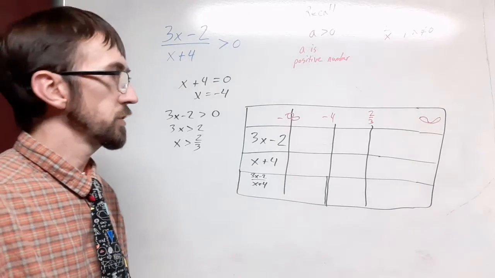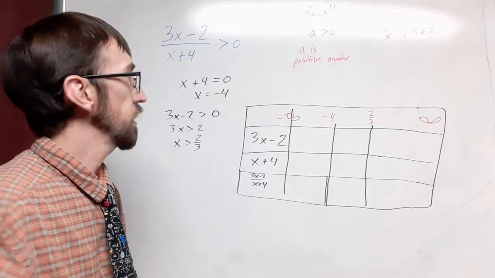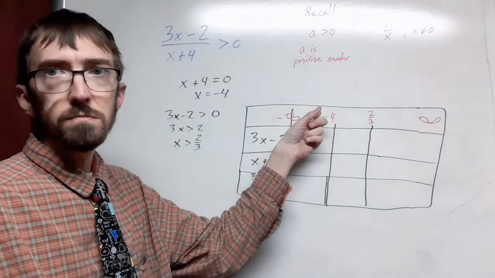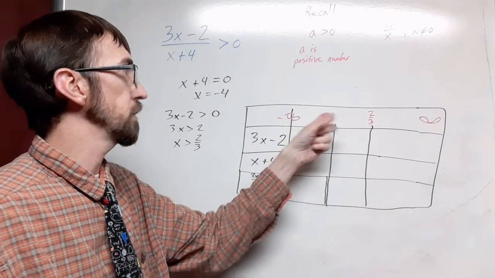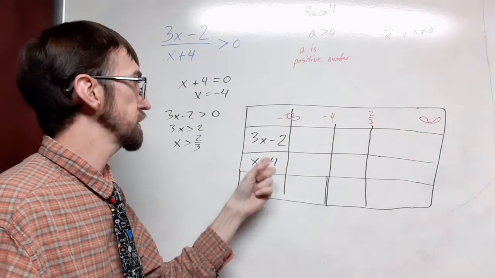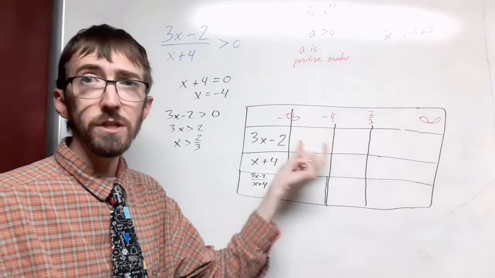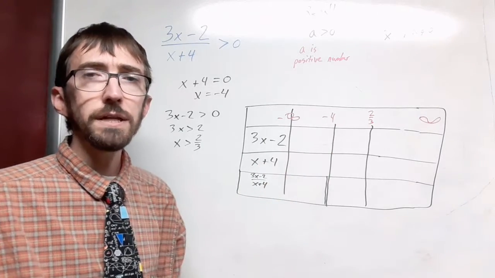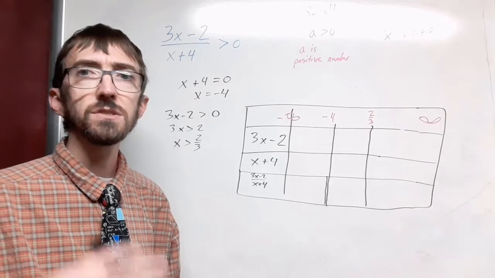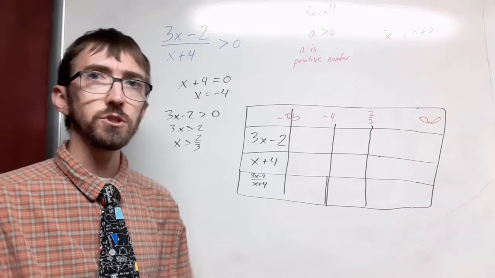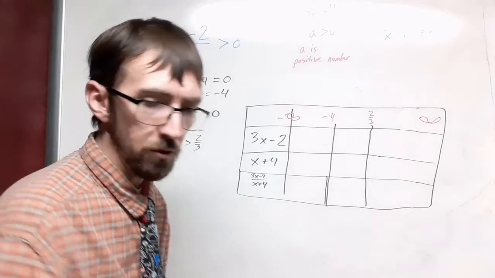The next thing I'm going to do is choose random numbers from these intervals, plug them into each of these, and then write down just the sign that we get. We don't care about the number that we actually get, it's the sign that's important. This is a sign chart. Strictly the sign that we're looking for.